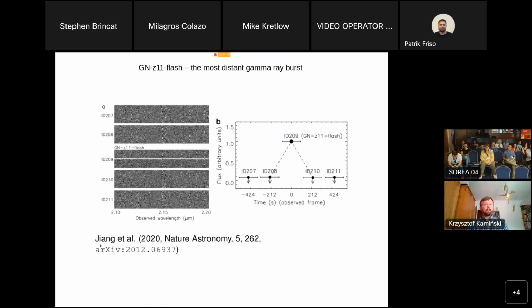This is an example from 2020 when a paper was published showing an investigation of a high redshift galaxy candidate, GNZ11. The candidate was observed with the Keck telescope with a multi-object slit spectrograph, and one of the objects was this galaxy. It's a very distant and dim target, therefore on a single spectrum we cannot see anything.